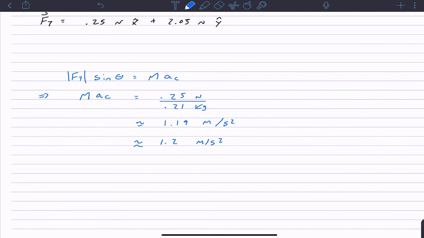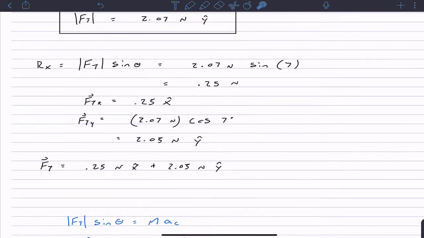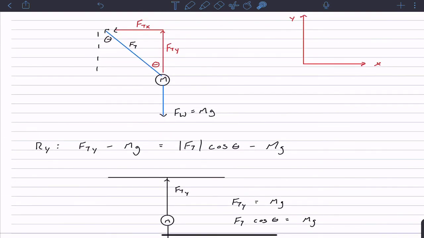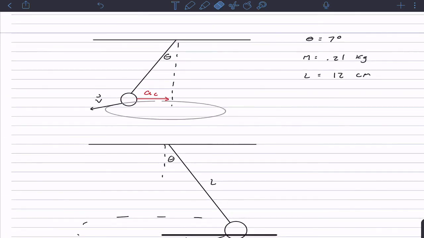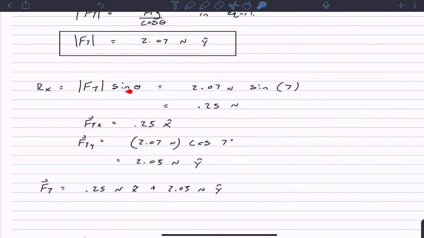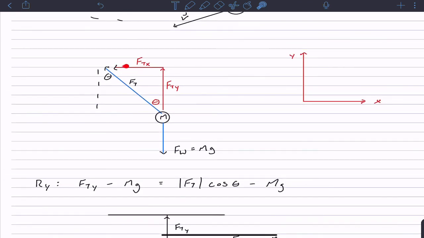Okay, so just to recap on that, the x component of the tension force is going to give us our radial acceleration here. That's Ft sine theta. Recall from up here, here's theta, Ft sine theta.